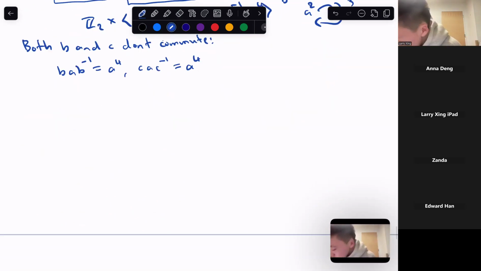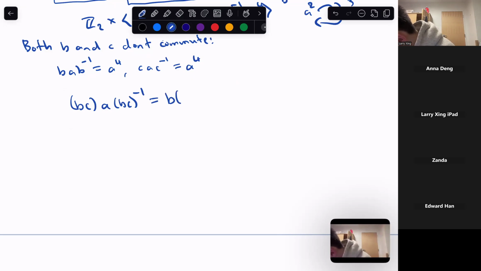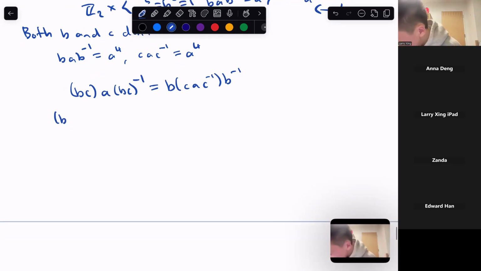So this means that BC A to the negative 1 equals B times C to the negative 1, B to the negative 1. And the reason for this is like, note that BC to the negative 1 times BC equals the identity.